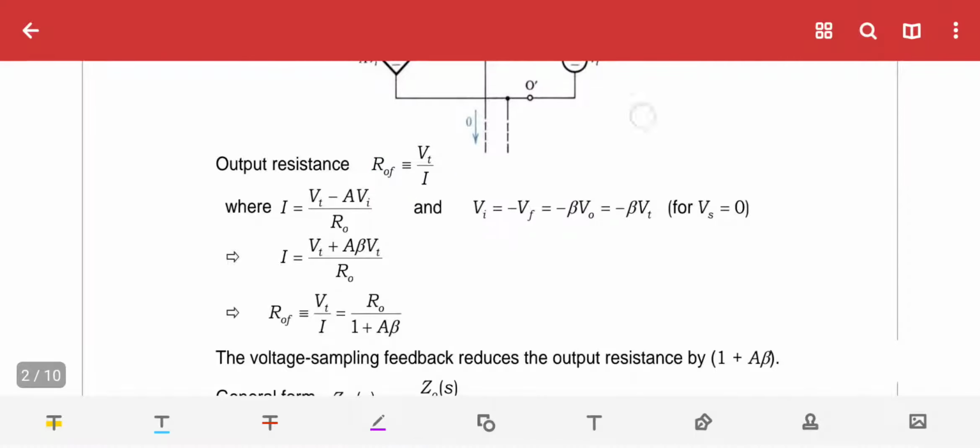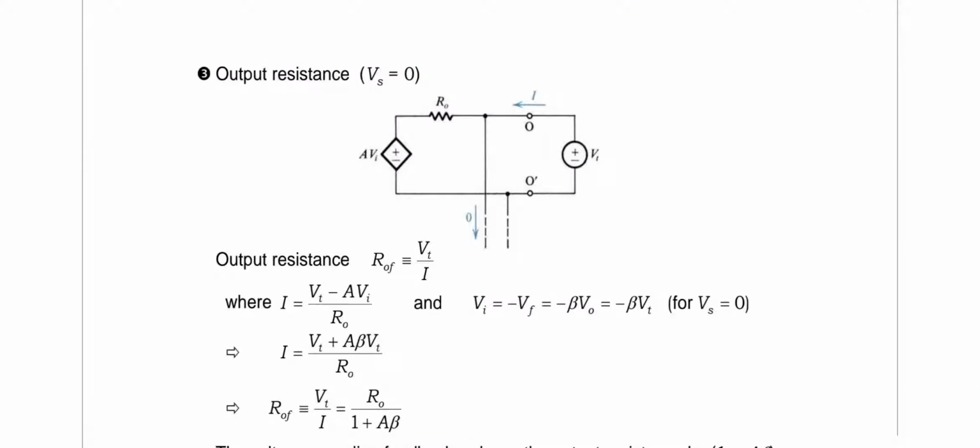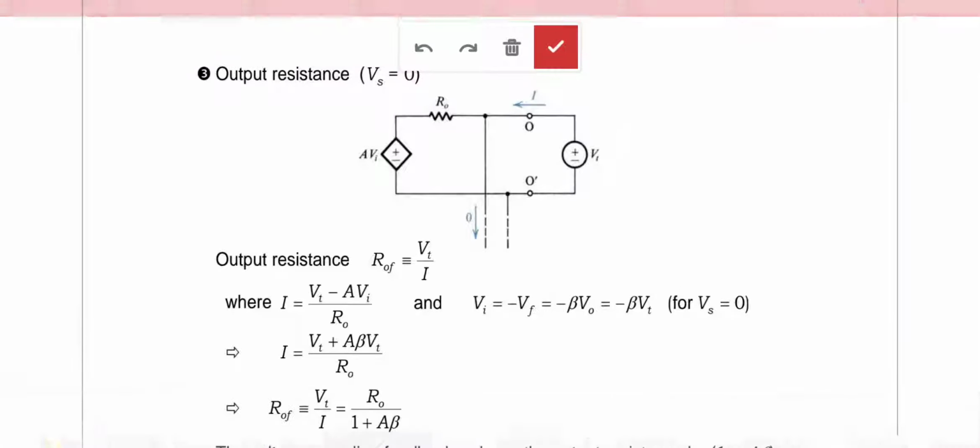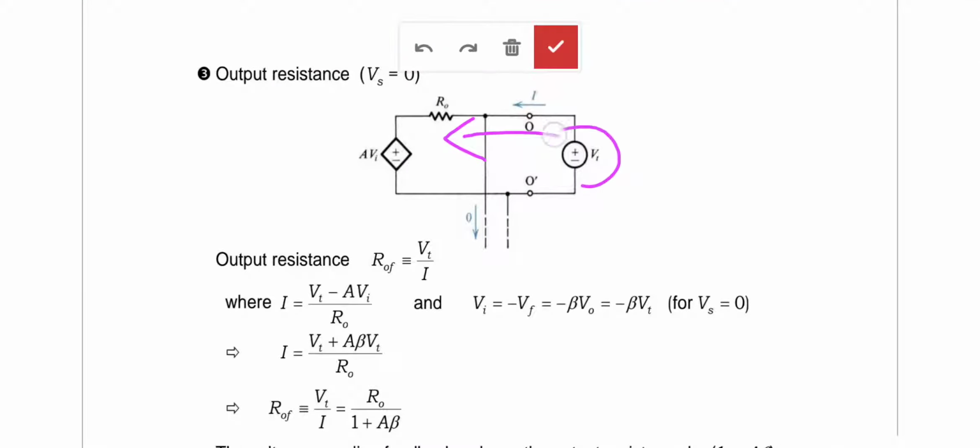Current is flowing through this path, so current I is nothing but Vt minus AVi divided by RO.